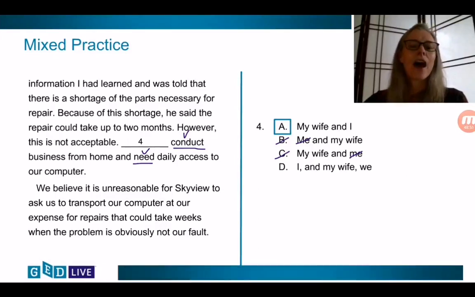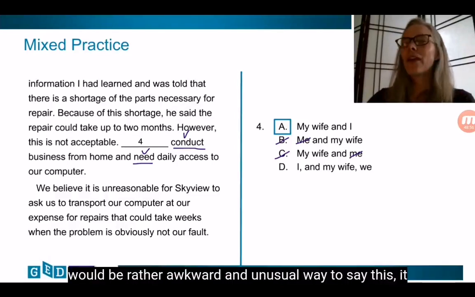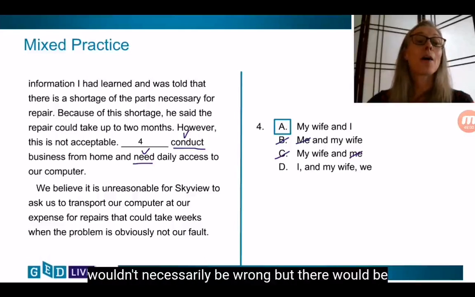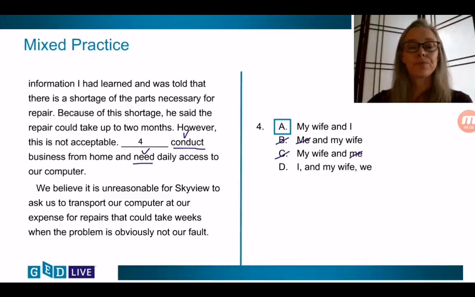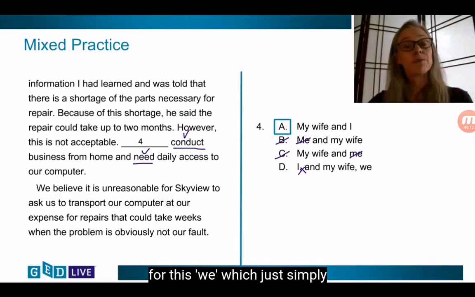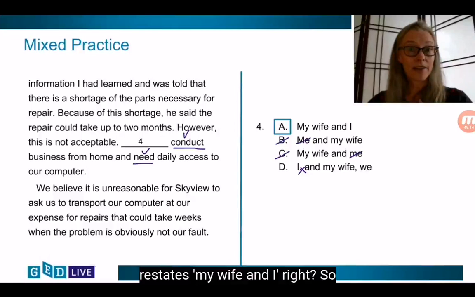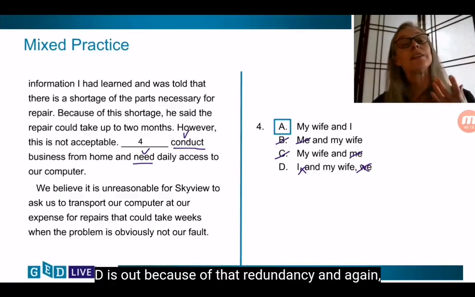Whereas D, I and my wife would be a rather awkward and unusual way to say this. It wouldn't necessarily be wrong, but there would be no need for a comma in between I and my wife. Right? And there would be no need for this we, which just simply restates my wife and I. So D is out because of that redundancy.